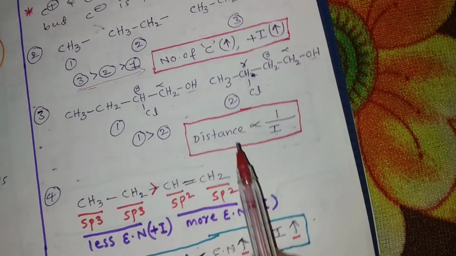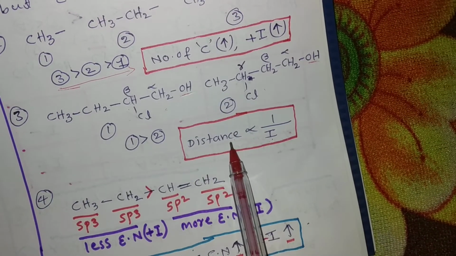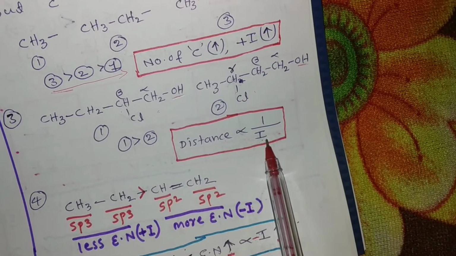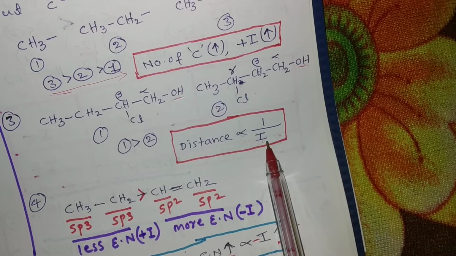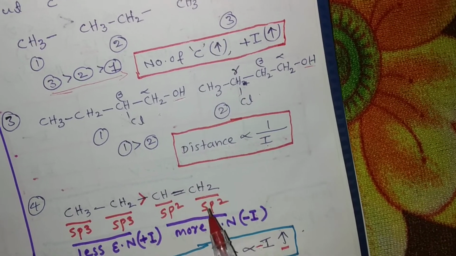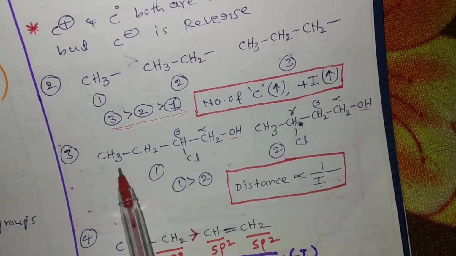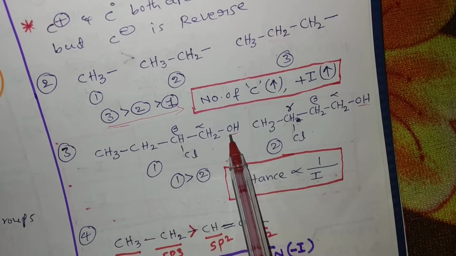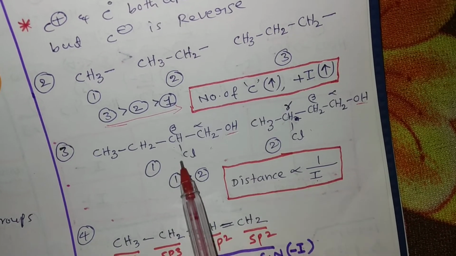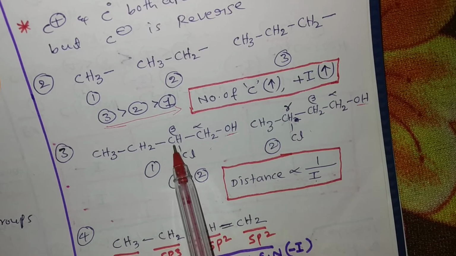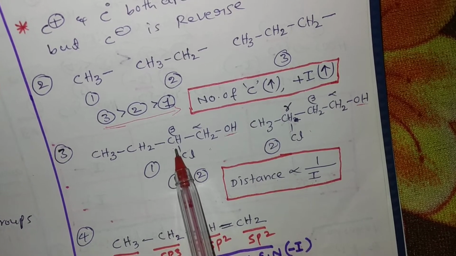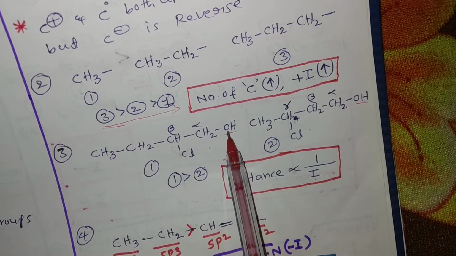Next, if the distance increases, then the inductive effect decreases. This is the point. For example, here is the alcohol functional group. In the first, chlorine is attached to the second carbon, the beta carbon, from the alcohol functional group.